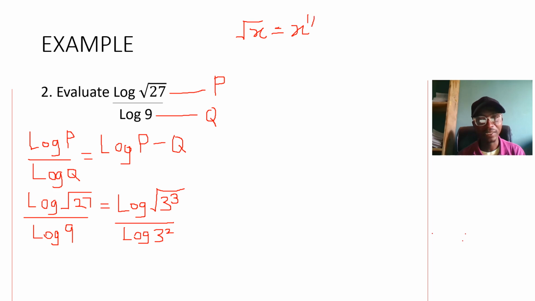So we apply this at the numerator, and if we do that, this will give us log 3 raised to power 3, all raised to power half, over log 3 raised to power 2.